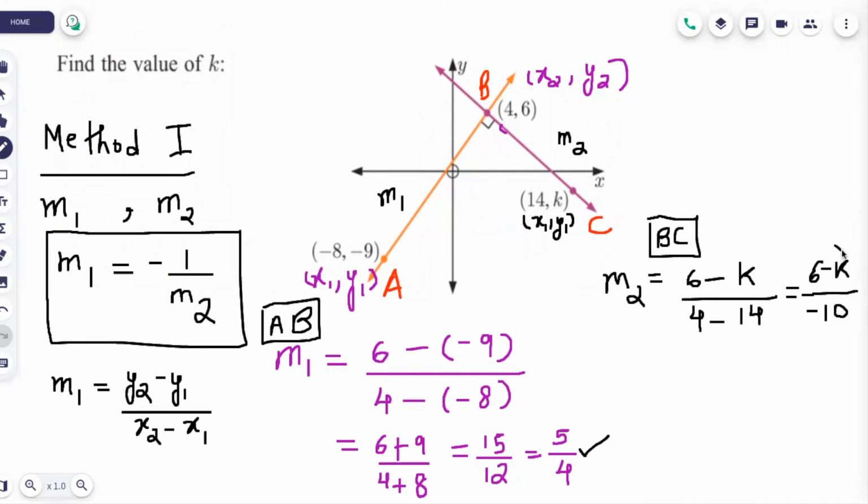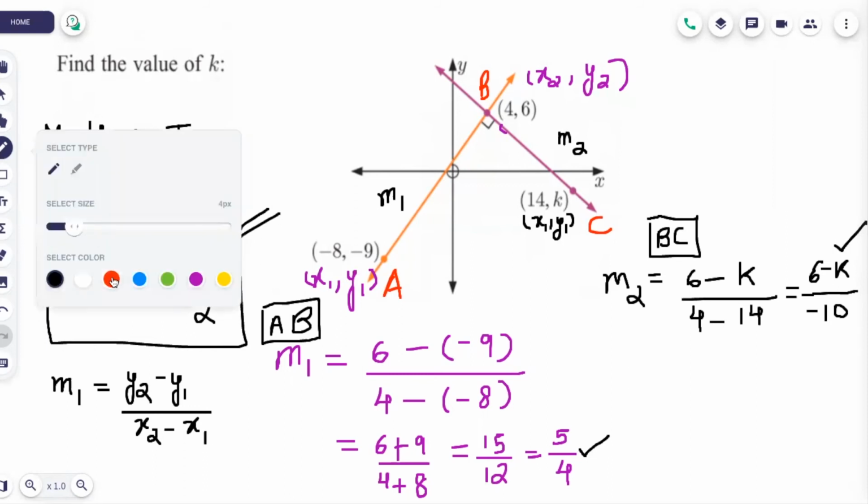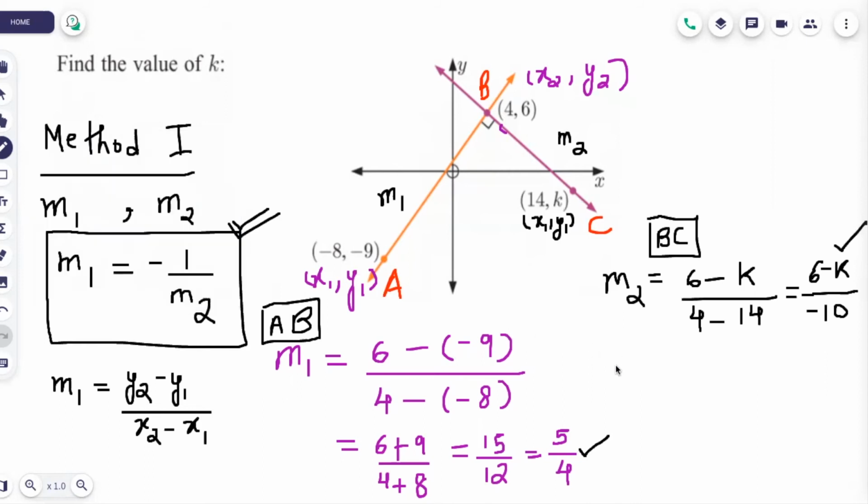and this is M2. And now we are going to use this connection between the gradients of two perpendicular lines. So according to this connection, I can write M1 is equal to negative reciprocal of M2. M1 is 5 upon 4 is equal to negative reciprocal of M2.